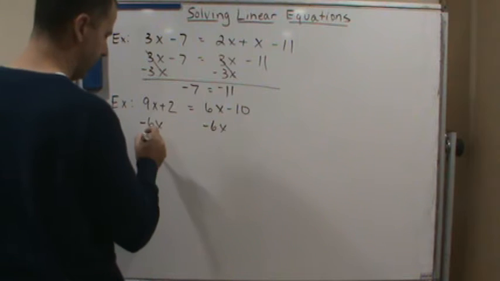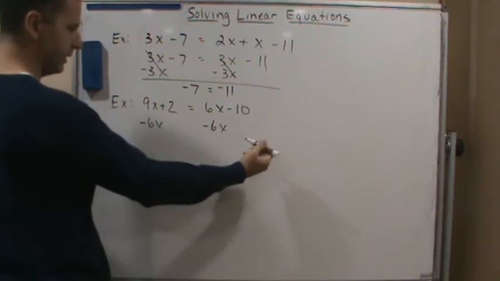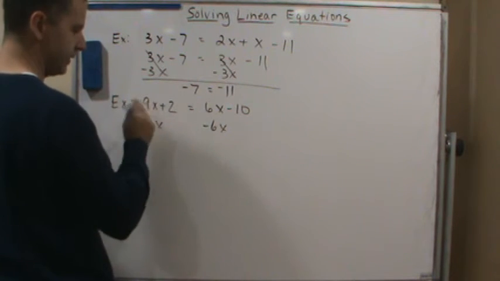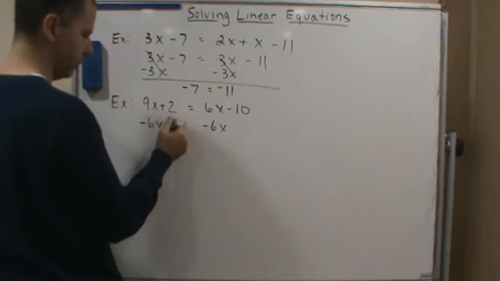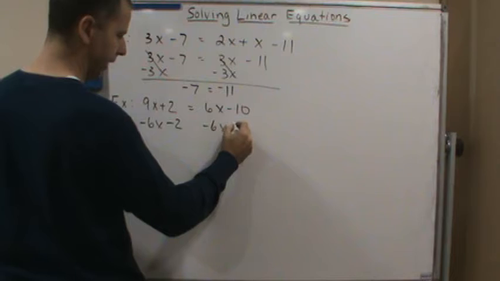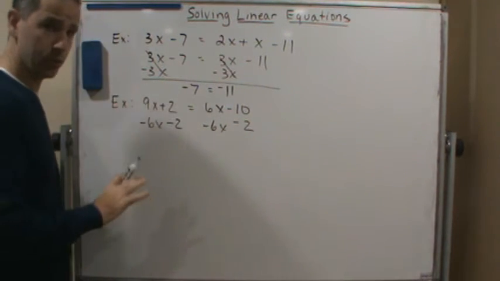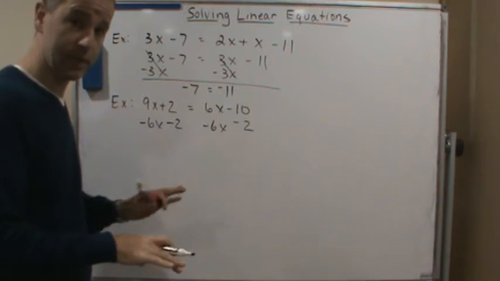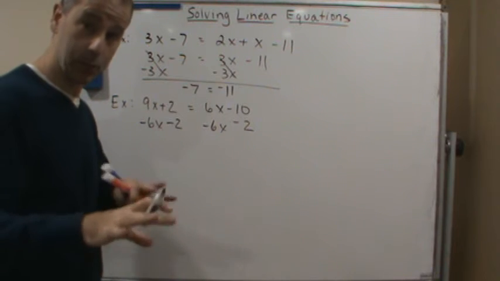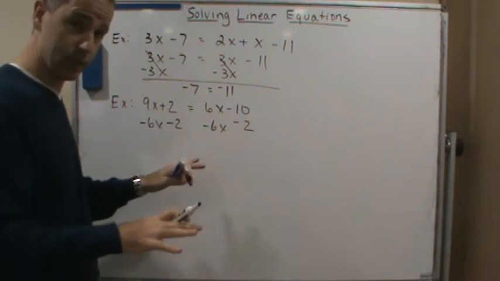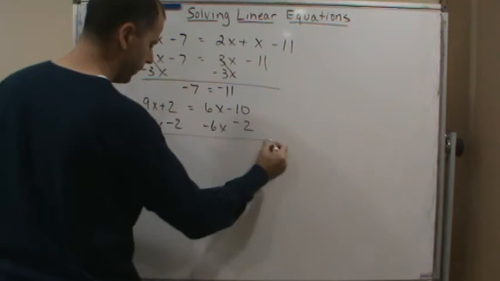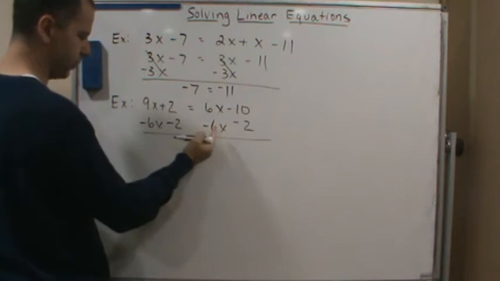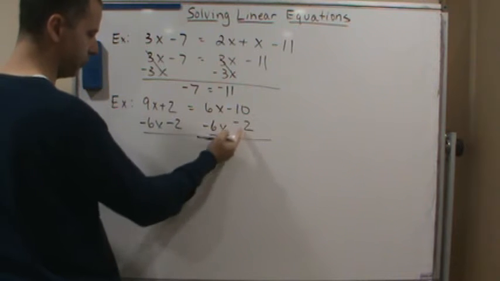Now, if I'm moving all the x variables this side, then I got to move all the other constants to this side. So let's subtract 2 from both sides. Okay, there's nothing wrong with doing it in one step. If you want to do it in separate steps, by all means, if that helps you and this gets confusing, just do it in 2 steps.